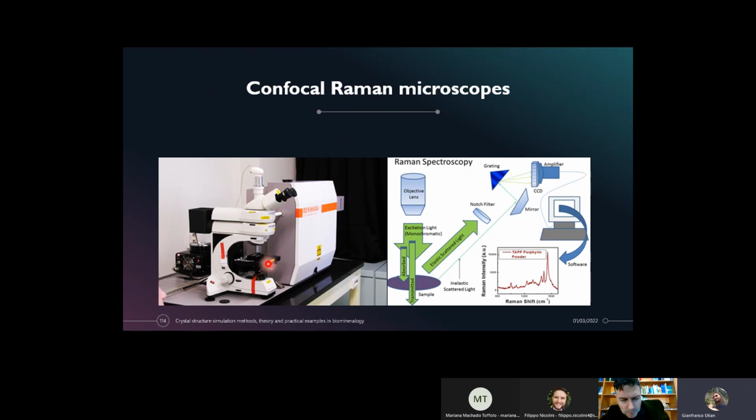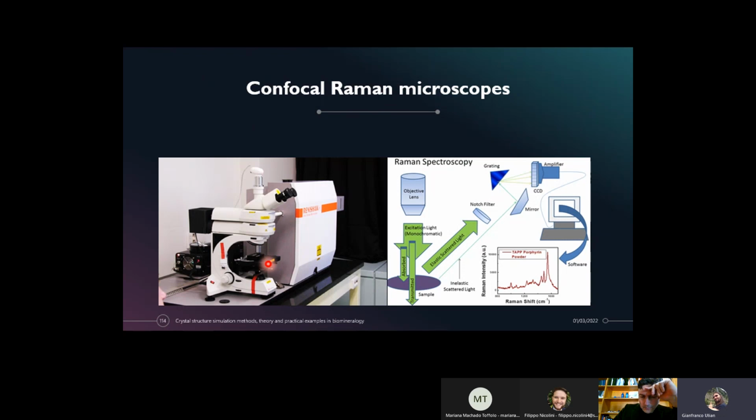But on the results, it depends. The results are dependent on what your material is made of and how the material is oriented, because polarizability is a tensorial property. The signals may vary in height, not in position, due to the different crystal orientation.